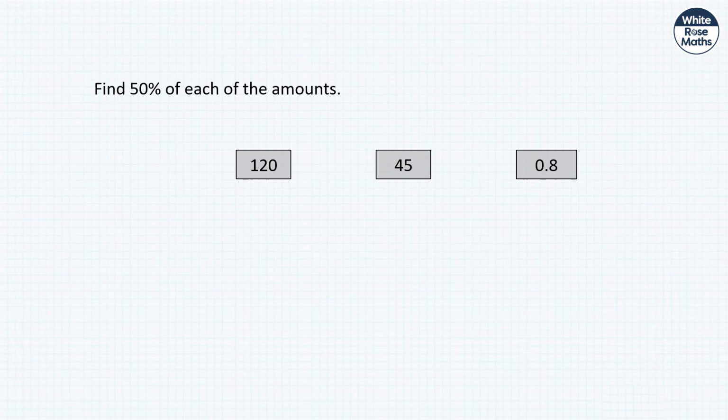So the next part is finding percentages of amounts now. So find 50% of each of the amounts. So 50% means that I divide it by 2. 120 divided by 2 is going to be 60. 45 divided by 2 is going to be 22.5. And 0.8 divided by 2, or half of 0.8, is going to be 0.4.